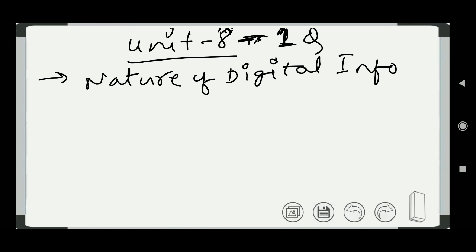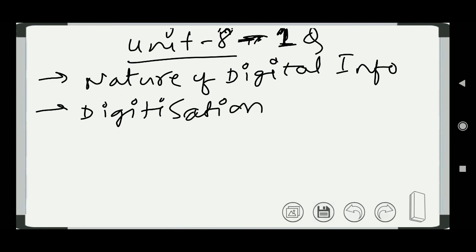Next, digitization of documents, very important concept. Digitizing or digitization of documents, very important one.